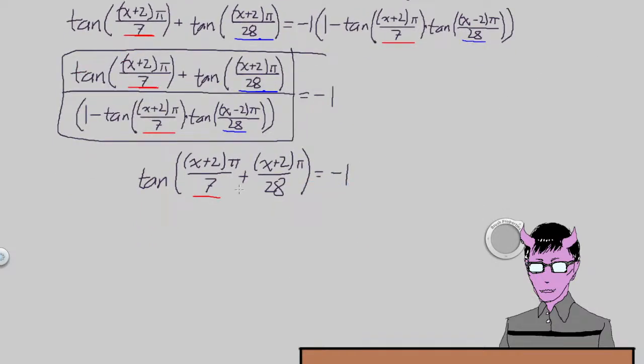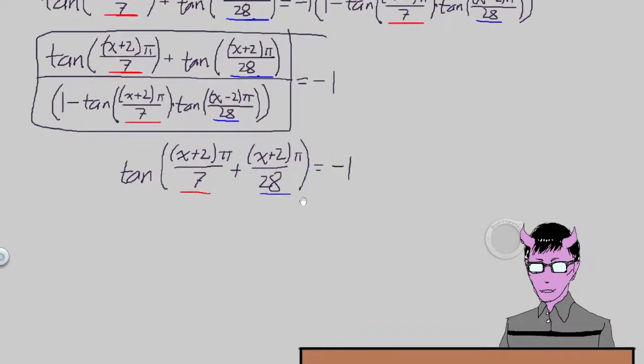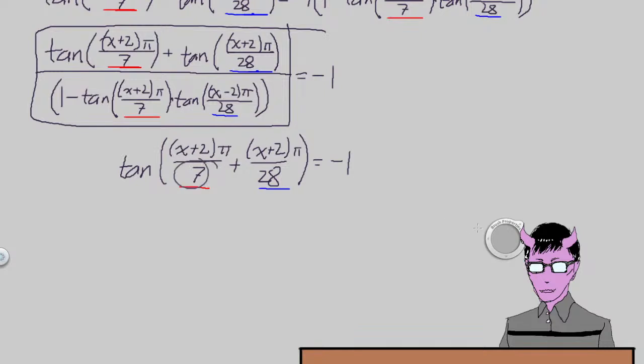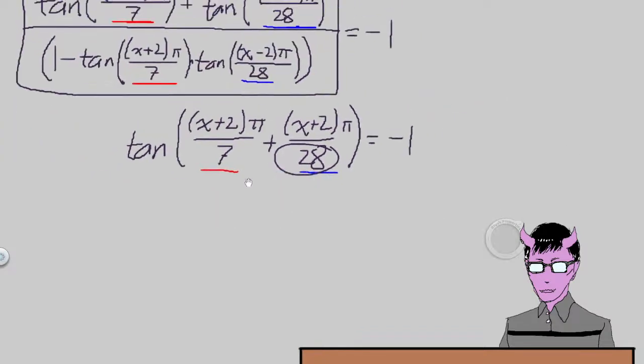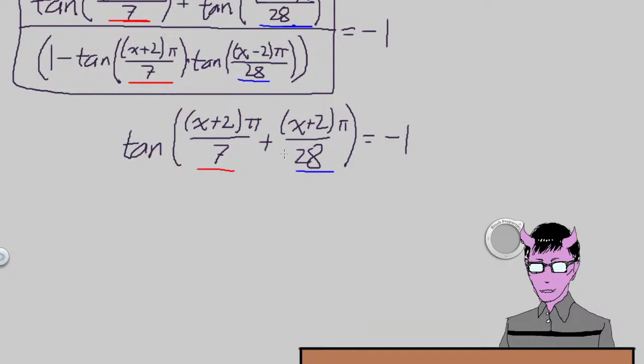That was argument number 1, and then that was argument number 2. Since this is a 7, and this is a 28, the lowest common denominator is 28. So top and bottom times 4. I'm going to take the 4 and distribute it to each of those two terms. And then 4 times 7 gives us 28.